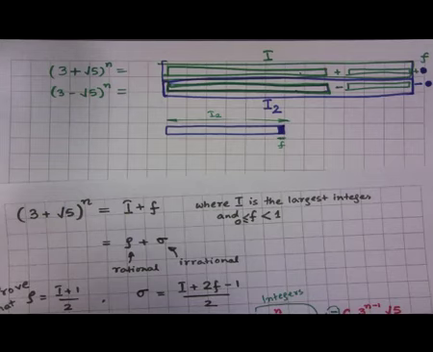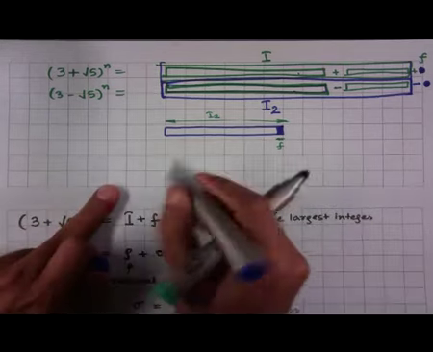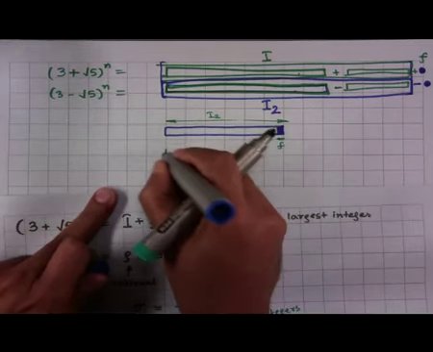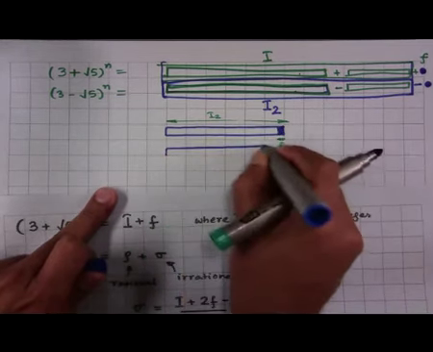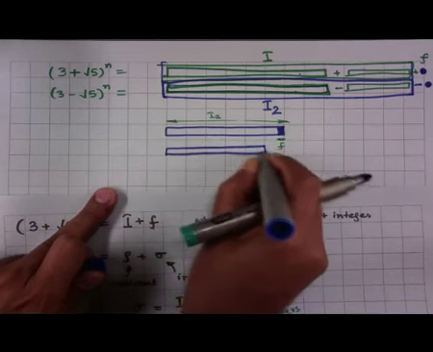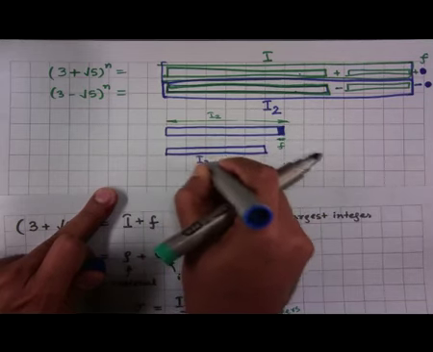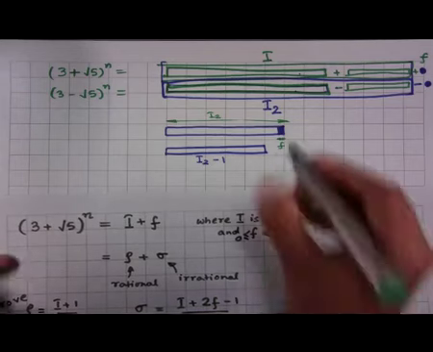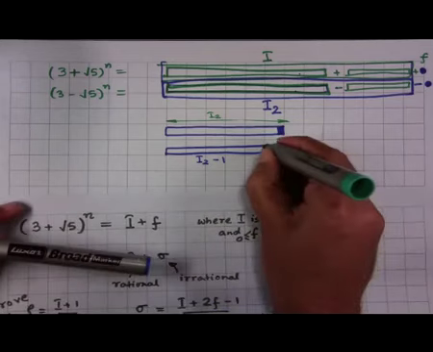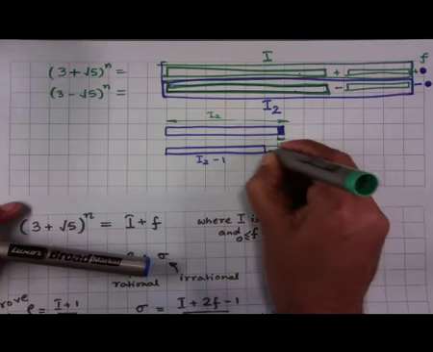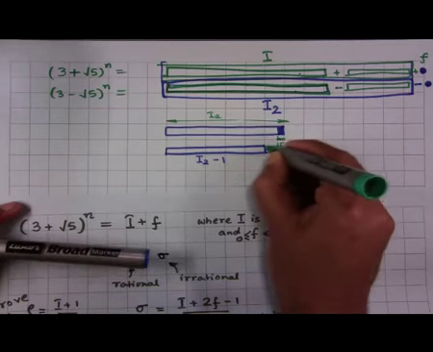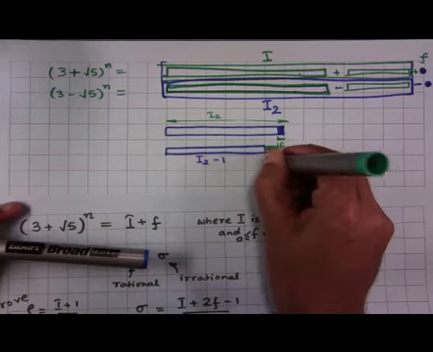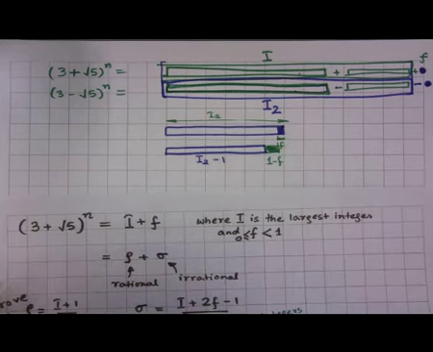Then the fractional part of this, first of all the integer part of this is not really I 2, it is now going to be I 2 minus 1, and the fractional part is 1 minus f, right.